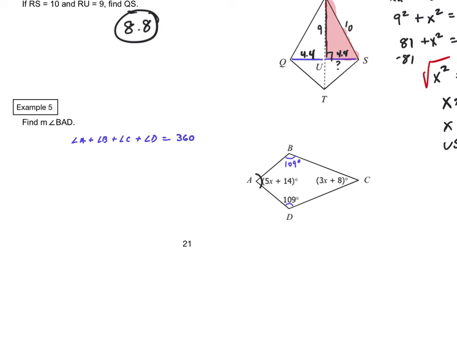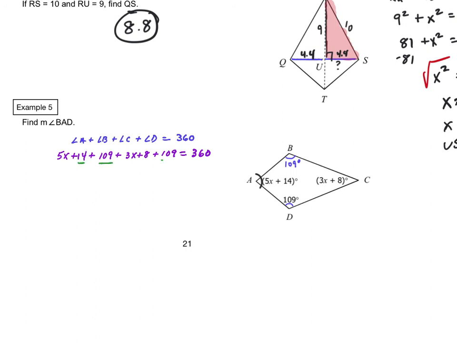And angle A is going to be 5x plus 14. Angle B is 109. Angle C is 3x plus 8. And then angle D is 109. All of that equals 360. I can combine like terms.